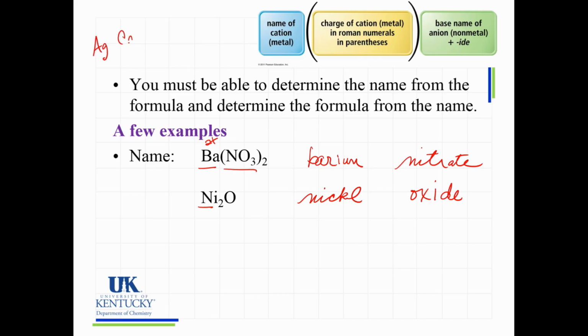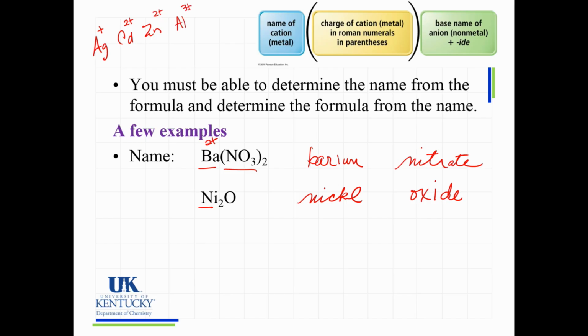Silver, cadmium, zinc are the transition metals that don't need a Roman numeral, because silver in a compound is always going to be +1. Cadmium is always going to be +2. Zinc is always going to be a +2. And there's one other that's right next to zinc.